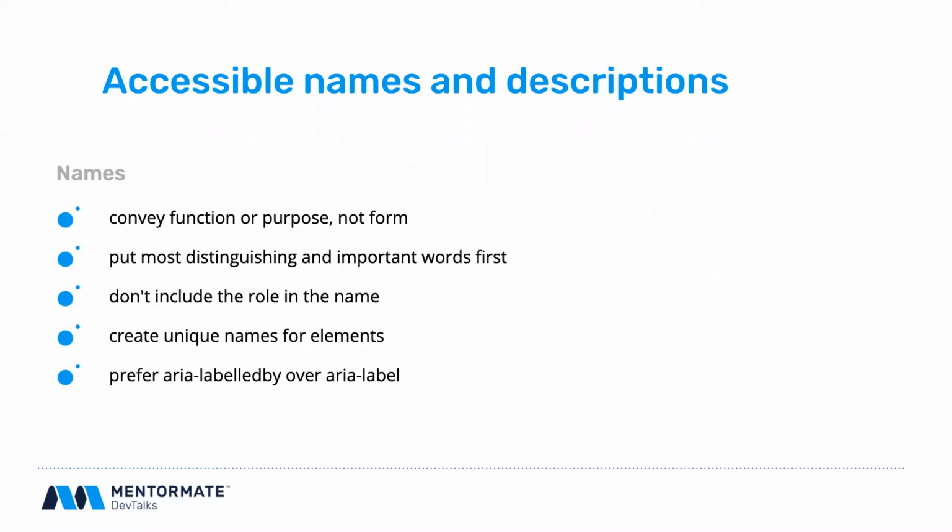But the rule is that for each form field, you would have a unique name. That's just the rules of forms in general, but it also applies to advanced components.